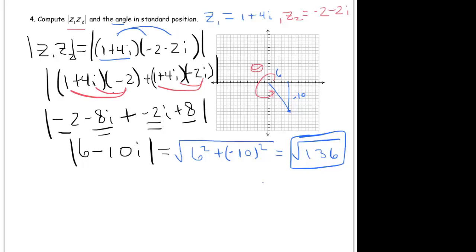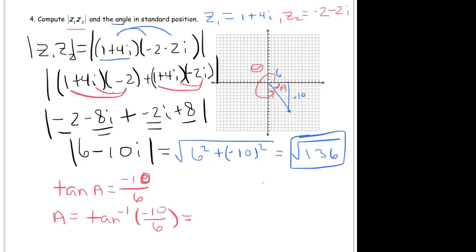To get that, though, we need this angle here, which we'll call A, I guess. So tangent of A is equal to negative 10 over 6, rather. And therefore, A is equal to tan inverse of negative 10 over 6.